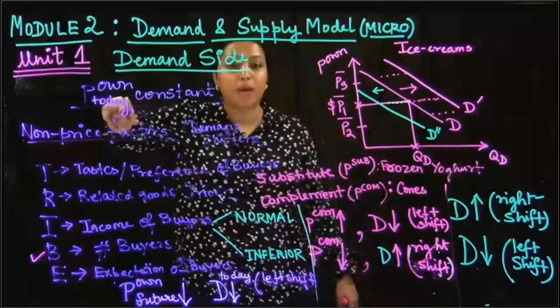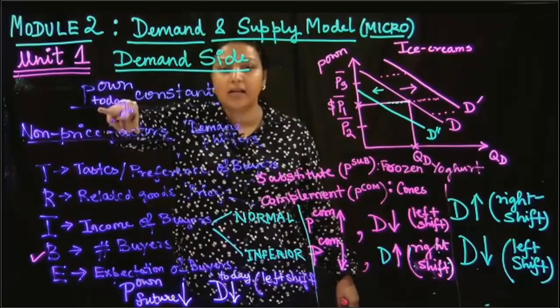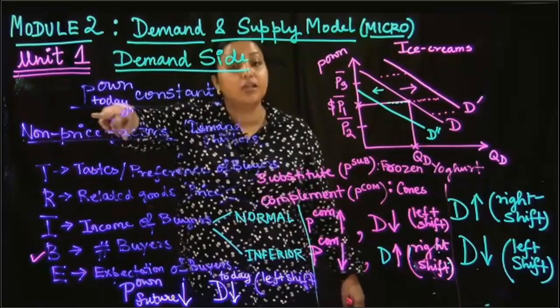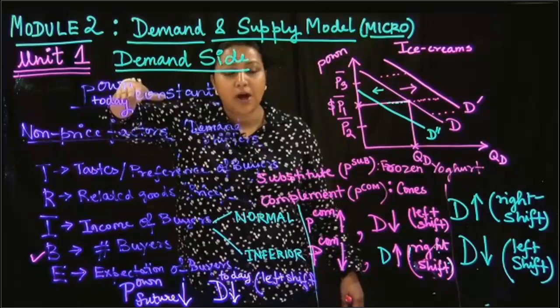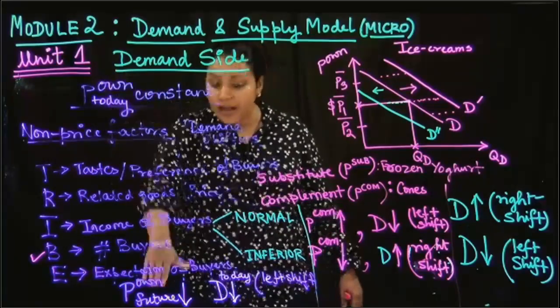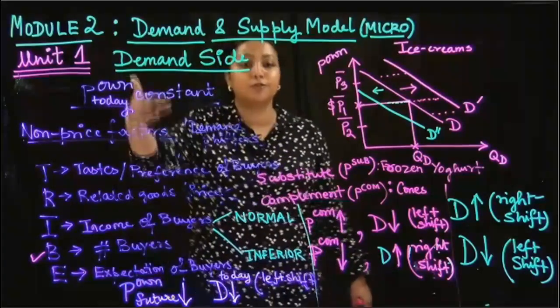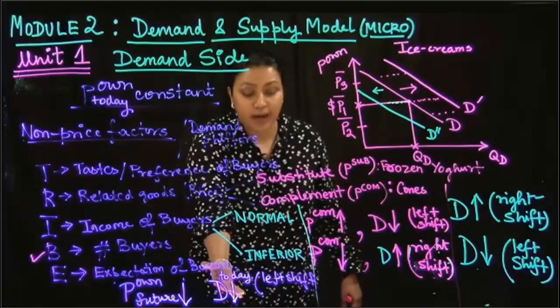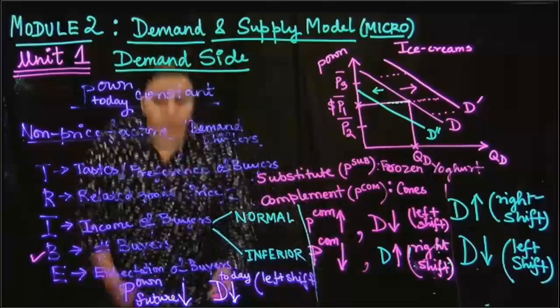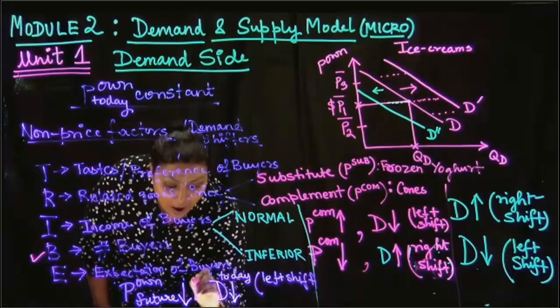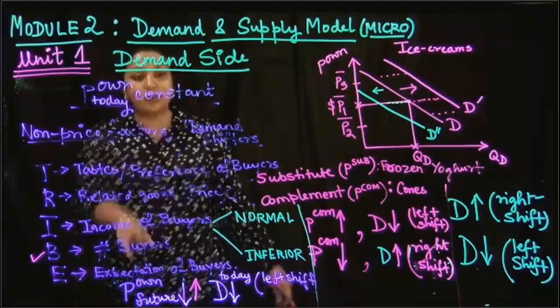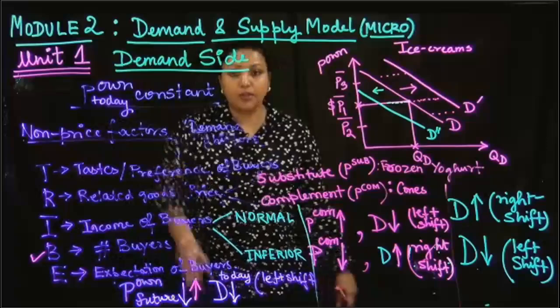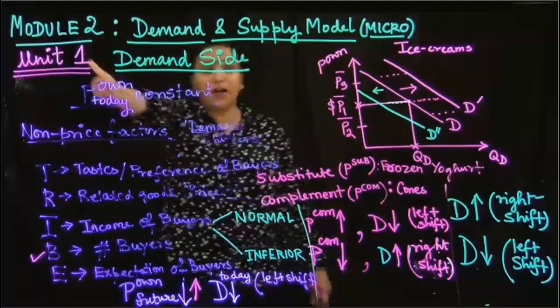But has anything happened to the prices now? Has anything happened to the prices in November? The answer is no. The current price is still constant, but my expectation about the price in the future is what changes, and that's why my demand changes, right? Similarly, if I expect the prices to be higher in the future, if I know the price is going to be higher in the future, then I don't want to wait until the future.